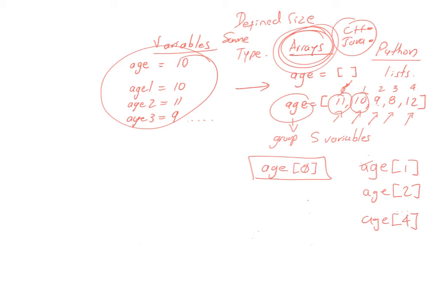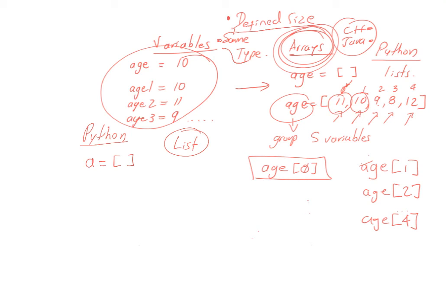So in Python, just by doing something like this, you can create an array. Now to insert elements to this array or this list, actually this is not properly an array because, as I said, arrays usually have a defined size and they are of the same type. So in Python, you don't use arrays per se, you use lists.